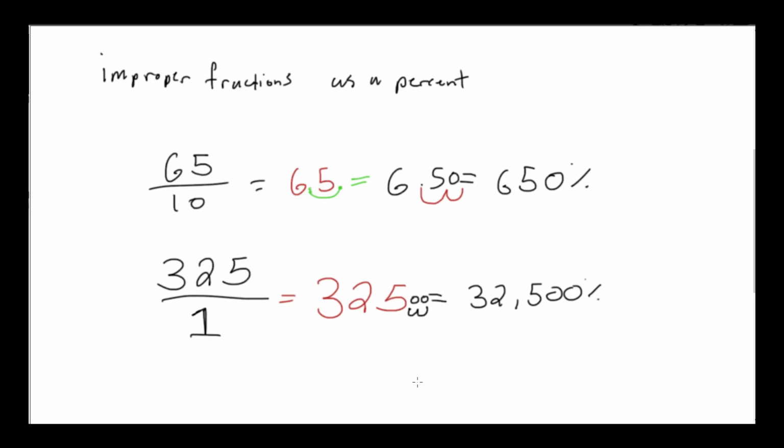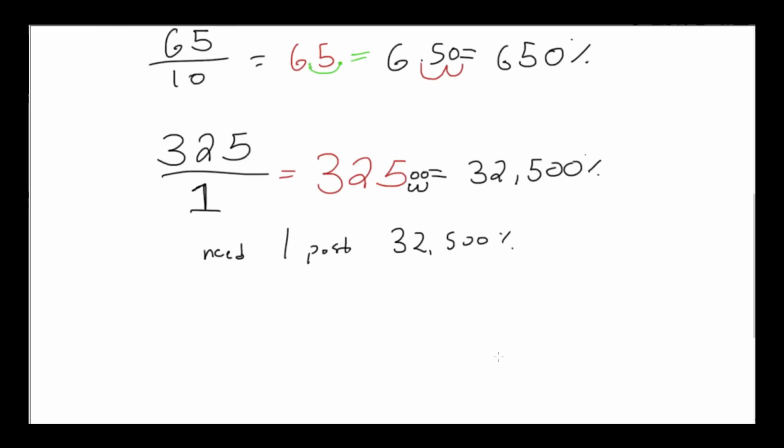So if you say I need one post, I know the post example is kind of crazy, but you need one post per post in the ground, and I tell you I have 32,500% of the posts that you need, or you have enough. I have 32,500% of the posts that it takes to place a post in the ground.